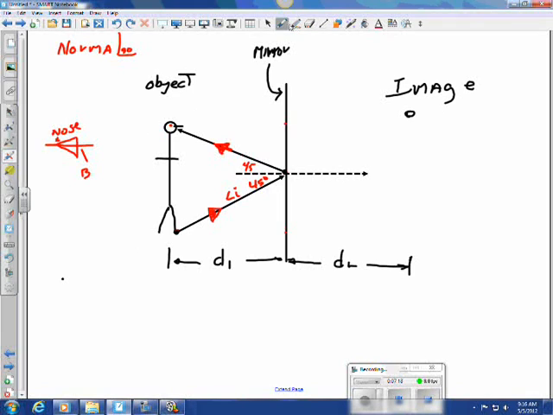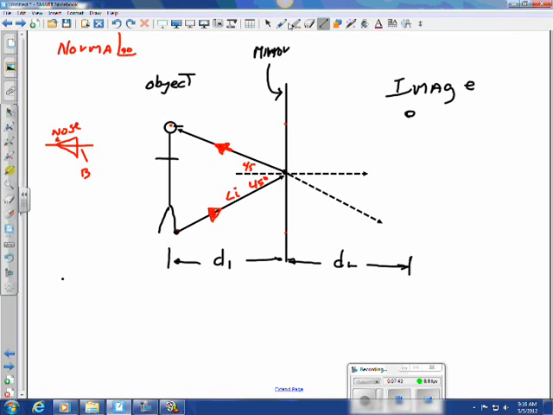Let's see. I'm going to use the same arrow bouncing back now. Oh, by the way, we already know, I'll label this in a second. So the light bouncing back, I'm going to show as a dotted line again, bouncing back like so. I just flipped this guy right over. All I did is flip him.